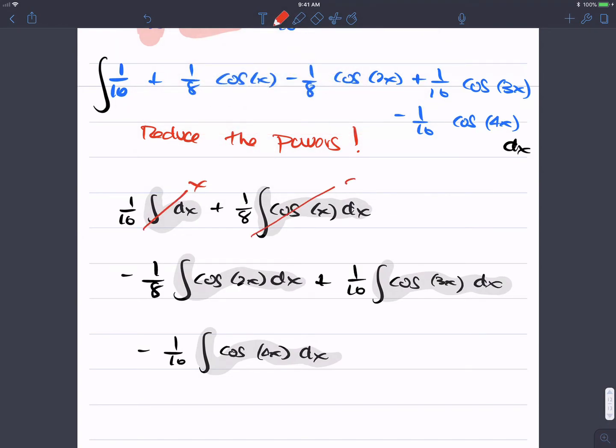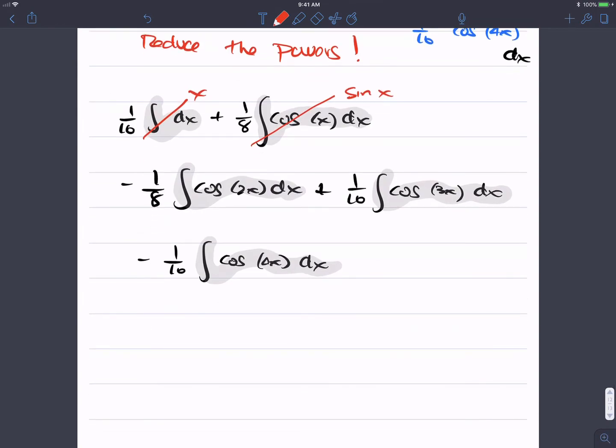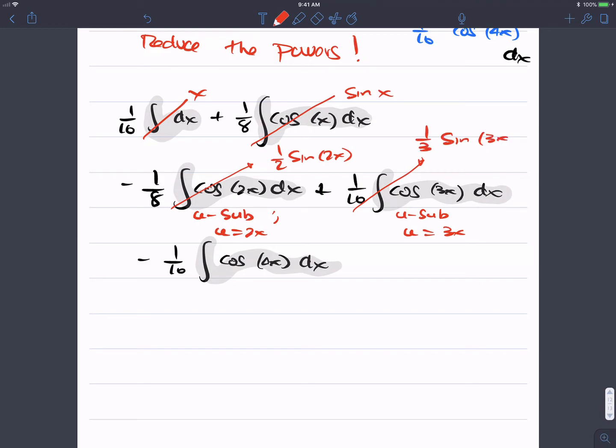X, sine x, u sub, u is 2x, 1/2 sine 2x, u sub, u is 3x, 1/3 sine 3x, u sub, u is 4x, 1/4 sine 4x.